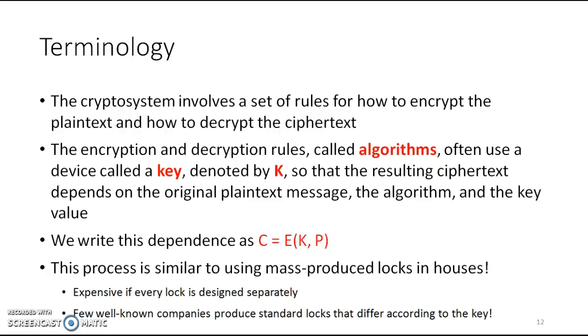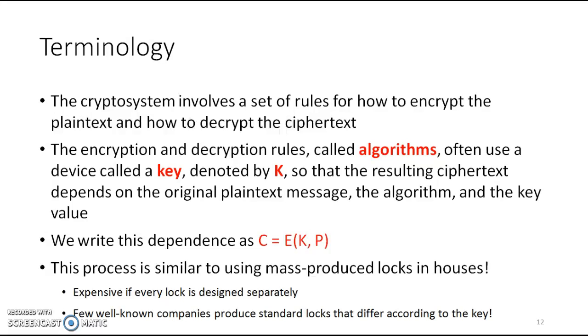Initially it was used in wars, to send secret messages to your colleagues or brigades and keep them safe from intruders or enemies. The encryption and decryption rules are called algorithms. As I told you, it's an engine, a process, or now they call it an algorithm.